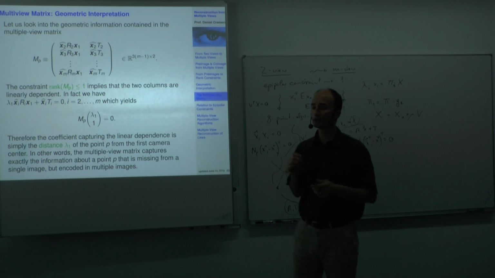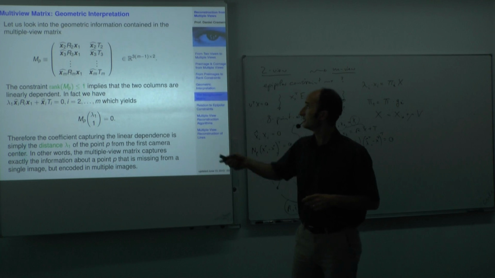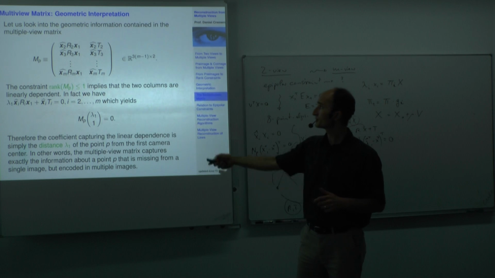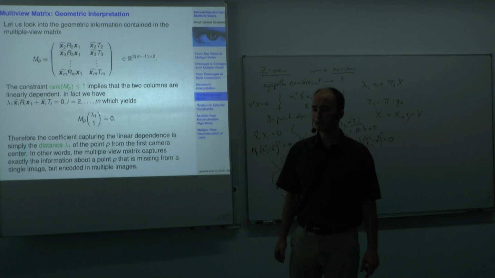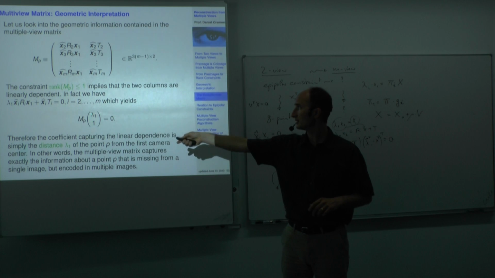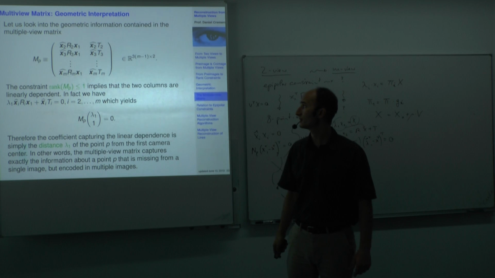Again, we can interpret that matrix geometrically. This is the matrix MP, 2 columns. The constraint that the rank is smaller or equal to 1 implies that the 2 columns are linearly dependent, and it says there is a vector, and in fact this vector is lambda, 1, that is mapped to 0.